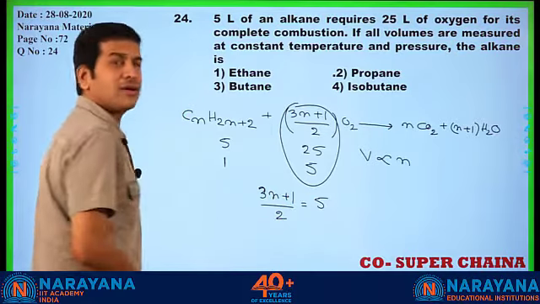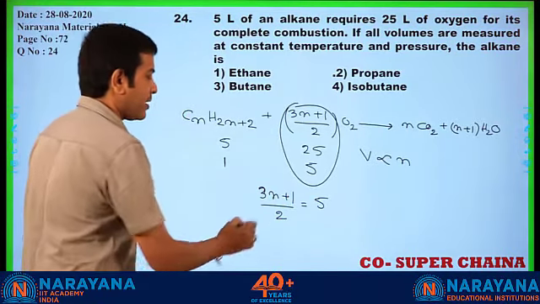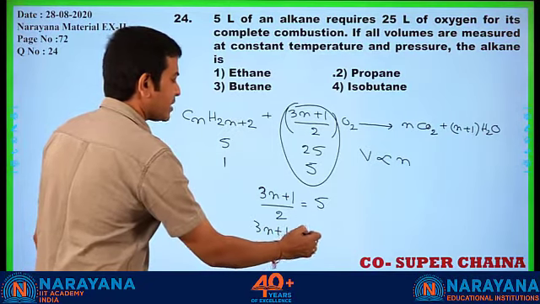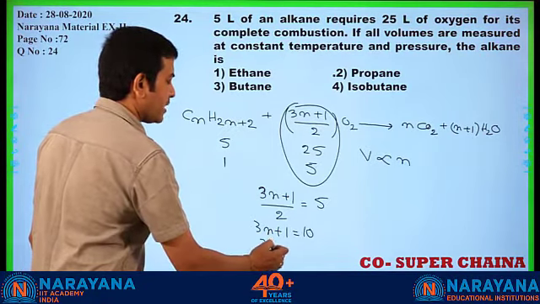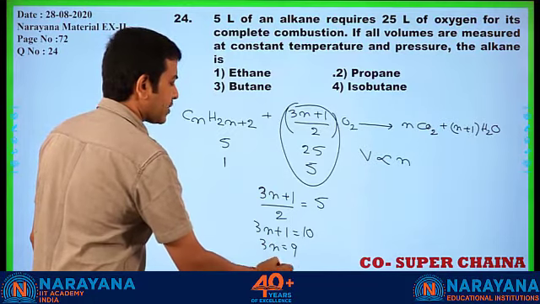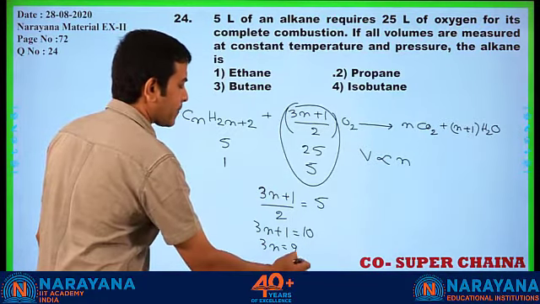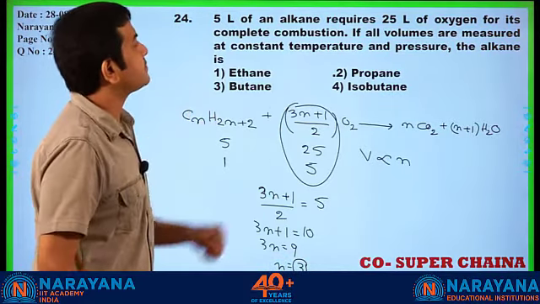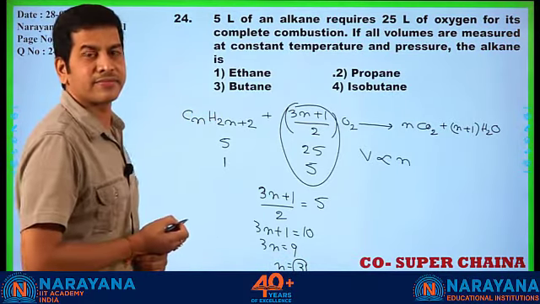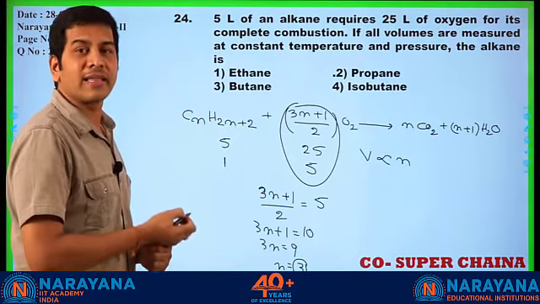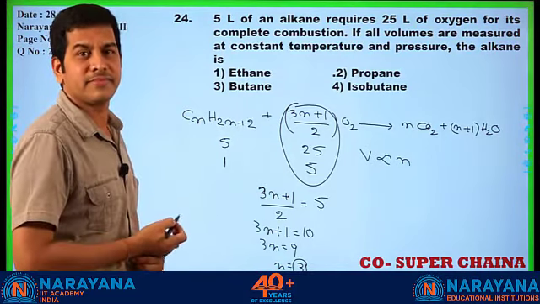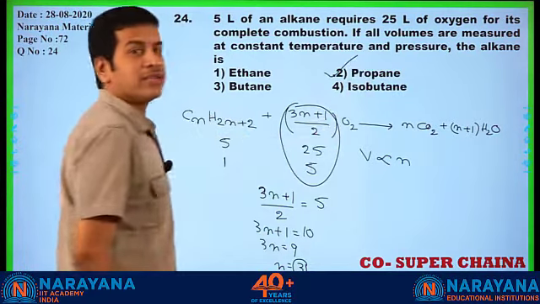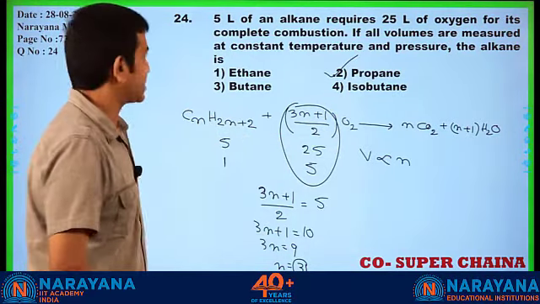Now 3n+1 is equal to 10, 3n is equal to 9, so n is equal to 9 by 3, which is 3. He asked about the alkane. The alkane with 3 carbon atoms is propane. Then option 2 is correct. Next question.